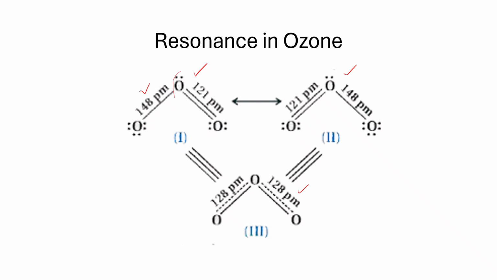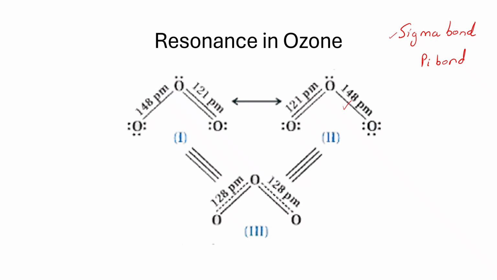Now, before I explain the concept of resonance, let me introduce you to two terms which will be explained in more detail towards the end of the unit, which are the sigma bond and the pi bond. The first bond that's formed between any two atoms, and I'm talking of a covalent bond here, is a sigma bond.